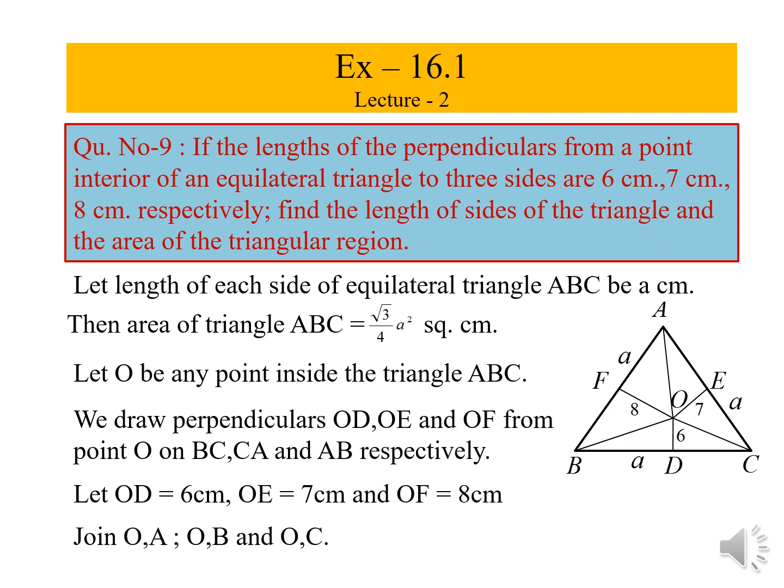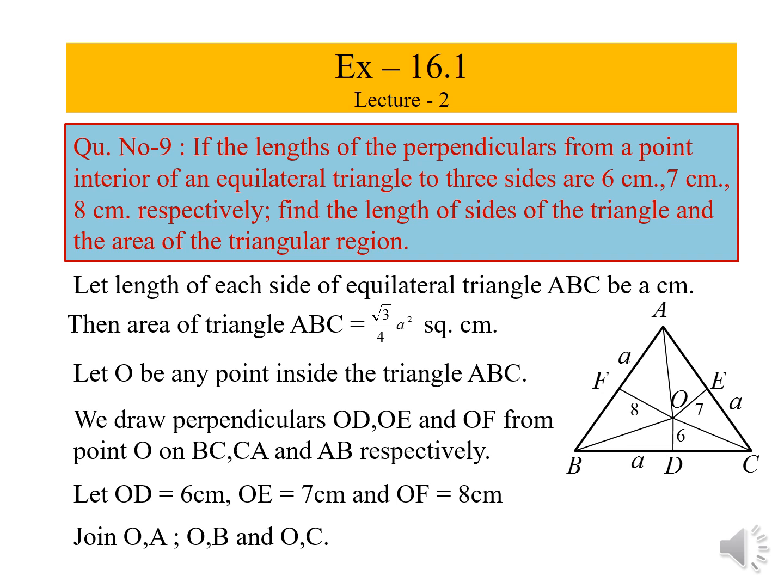In the figure you can see that by OA, OB and OC, the triangle ABC is divided into three triangles, and these triangles are triangle AOB, triangle BOC and triangle AOC.